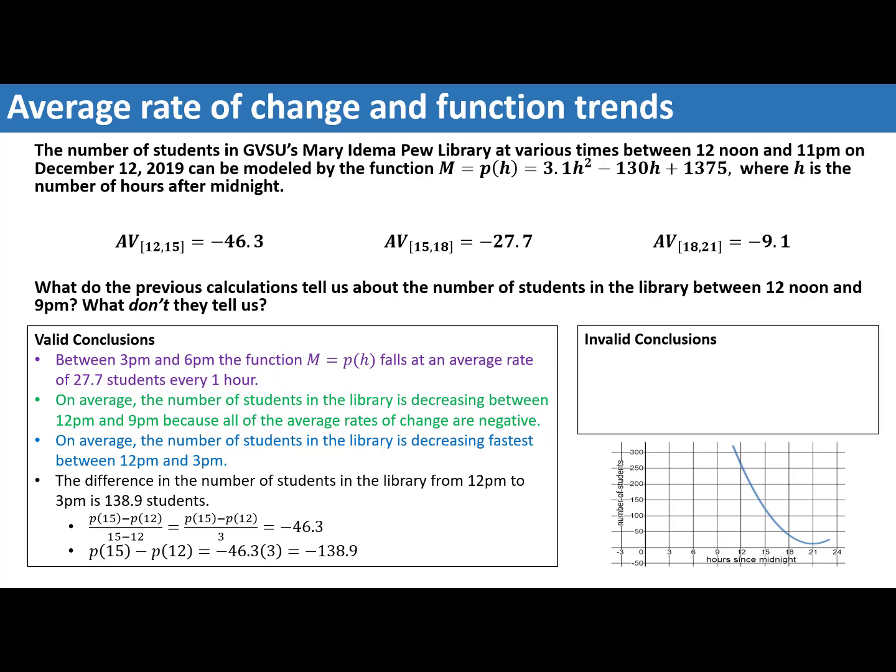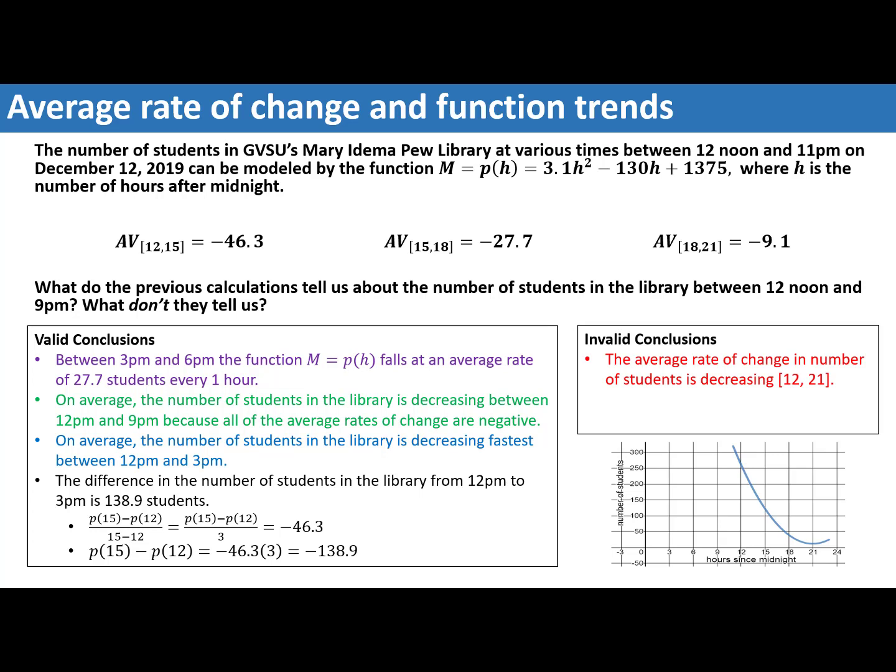And that quantity, p of 15 minus p of 12, represents the difference in the number of students in the library from 12 to 3 p.m. All right, again, that's just an example of some valid conclusions that we can make based on our average rate of change calculations. Let's look at a couple invalid conclusions that students typically try to make.